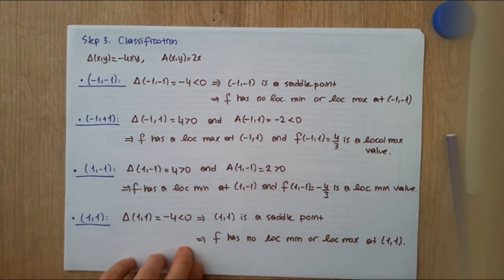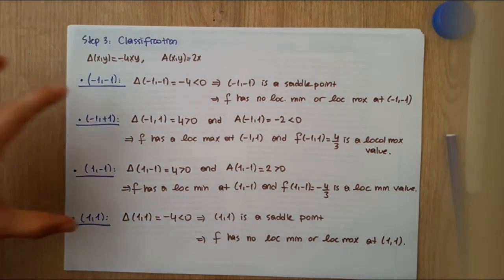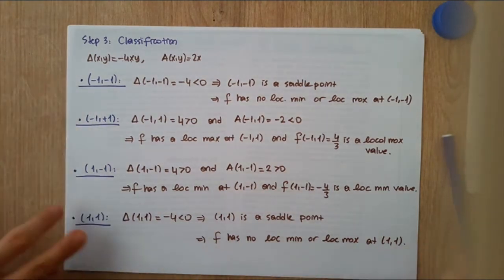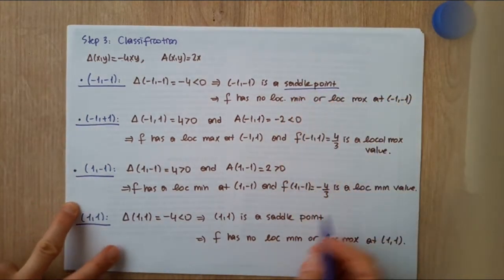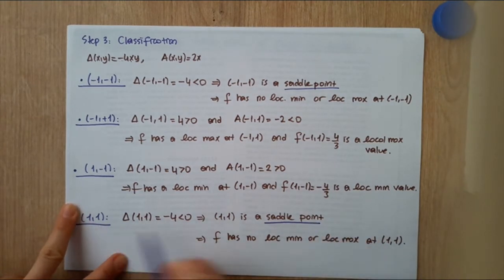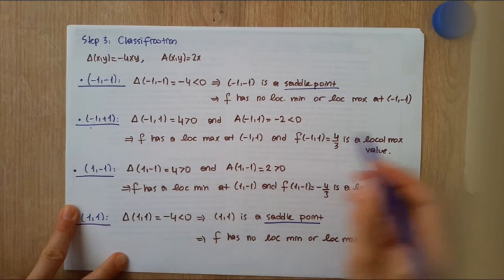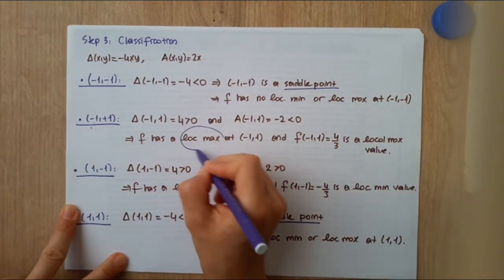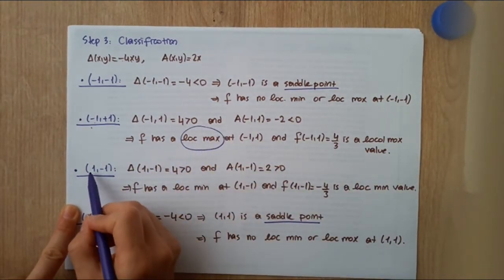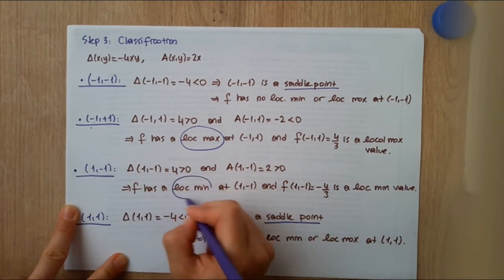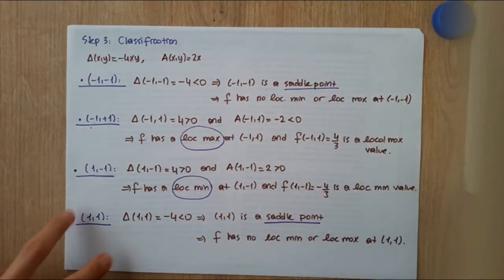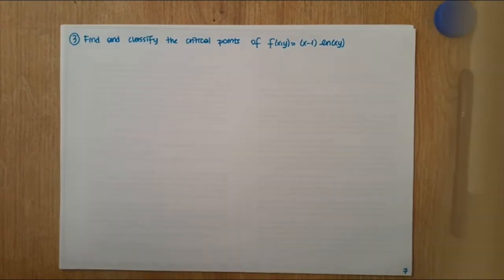Okay, we have 4 different critical points. The first one is a saddle, and the fourth one is a saddle, but the second point, (minus 1, 1), is a local maximum point. F has a local maximum here, and at (1, minus 1), f has a local minimum. We have 2 saddle points and 2 local extrema.